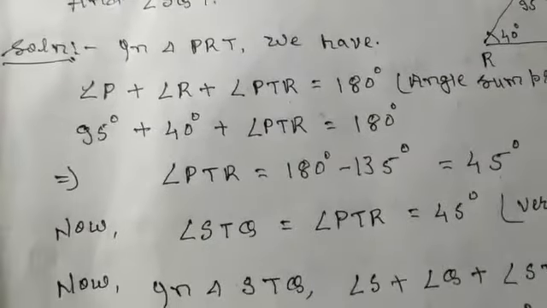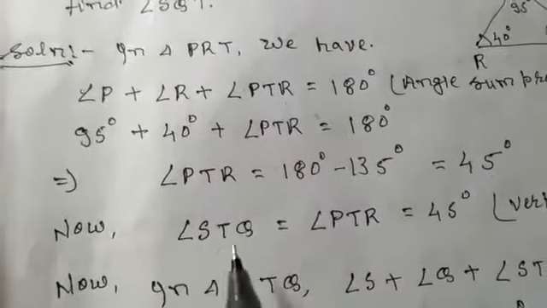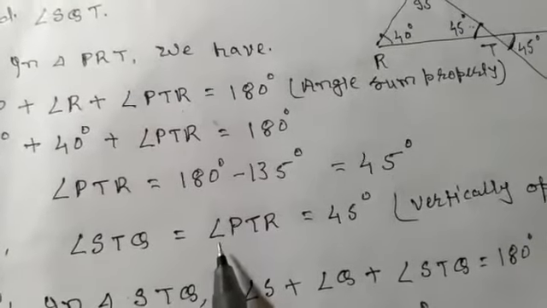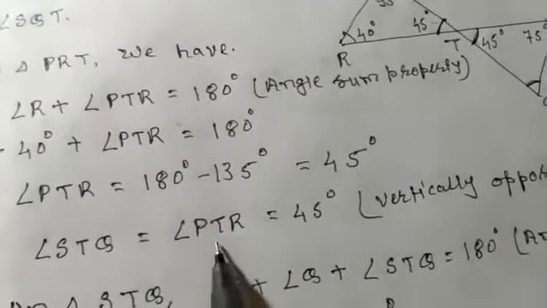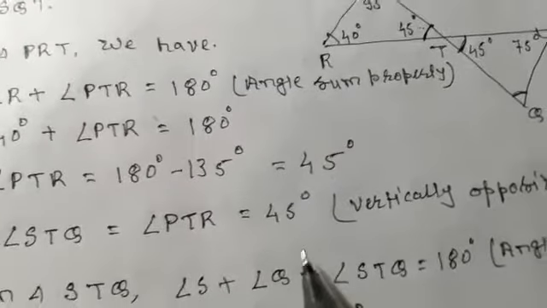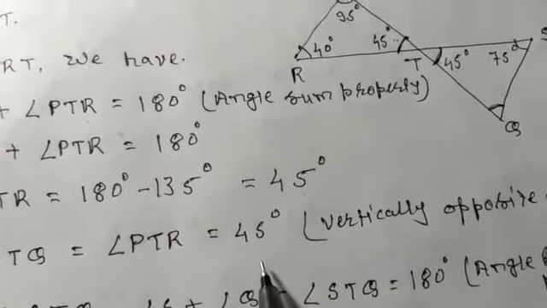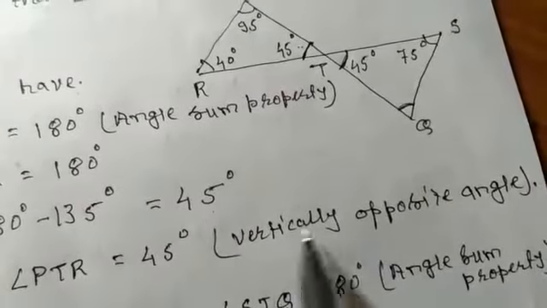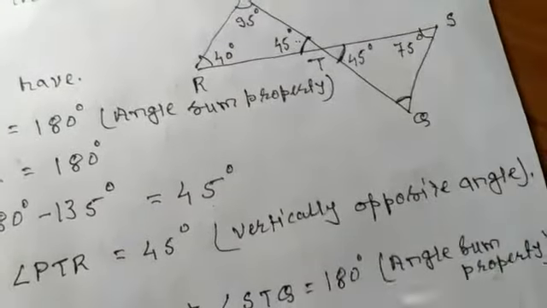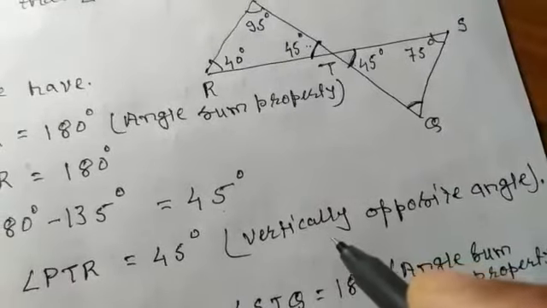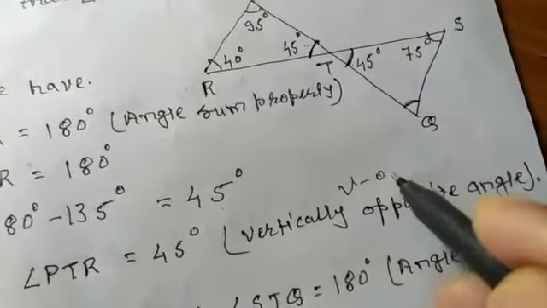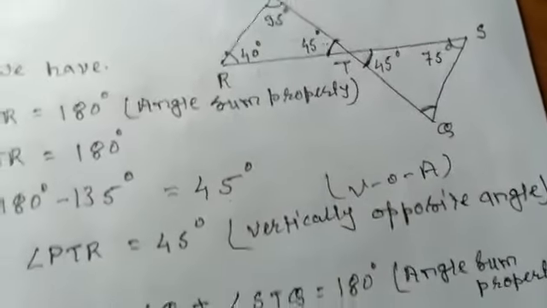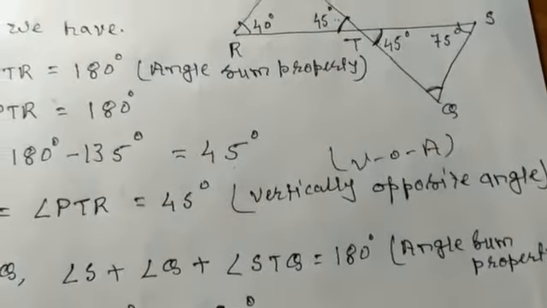Here I have mentioned that angle STQ is equal to angle PTR, that is 45 degrees, and the reason is vertically opposite angles. In short, you can write V.O.A. also. That is vertically opposite angles.